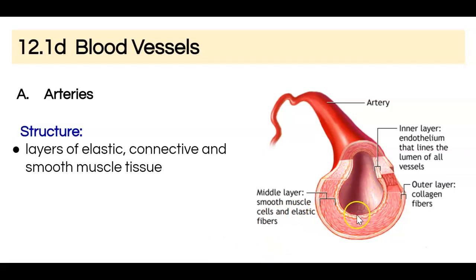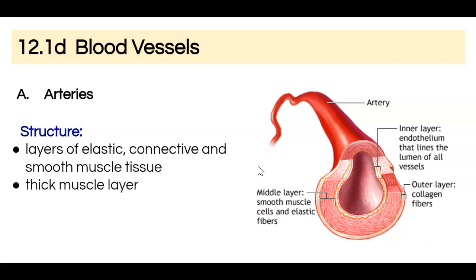We want that tissue on the inside to be smooth because we don't want the blood moving through it to encounter a lot of friction. Over time that can be damaging, and it's also just going to create heat. We want that blood to flow smoothly and efficiently throughout the circulatory system.